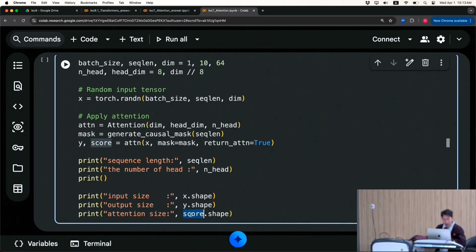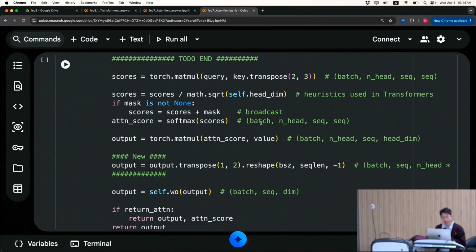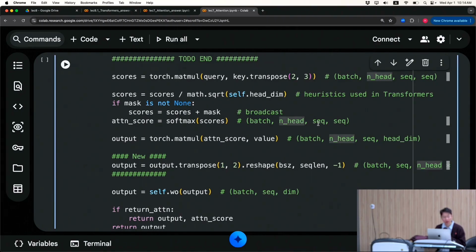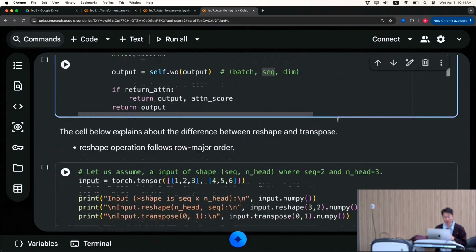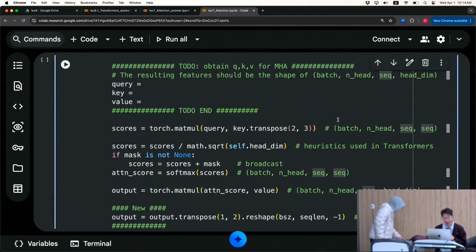How about the attention score? What is the expected shape? 1 by 8 by 10 by 10. Yes. So we have this attention map for each head separately. All right, so let's implement this portion.